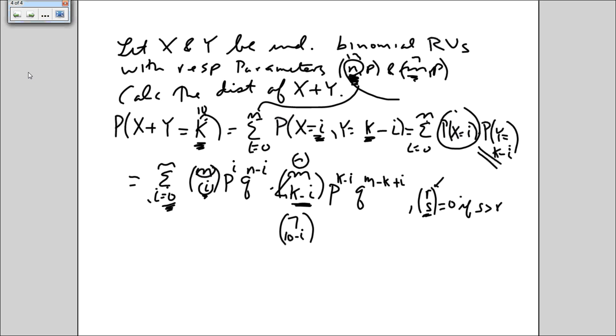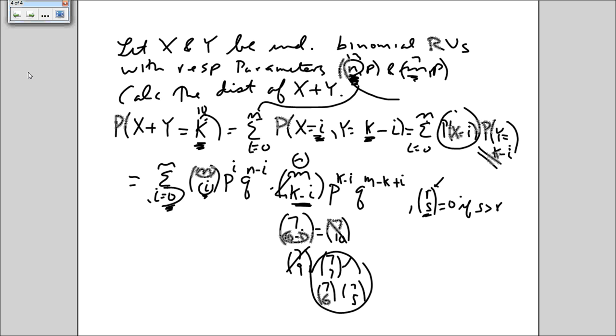When i is 0, you're going to have 7 choose 10, which makes no sense. When i is 1, you'll have 7 choose 9, which makes no sense. Only when i is 3 and above, 10 minus 3 is 7. This makes sense. If i is 1 more, you'll have 6. If i is 1 more, you'll have 5. These all make sense. So you really need to make that statement.